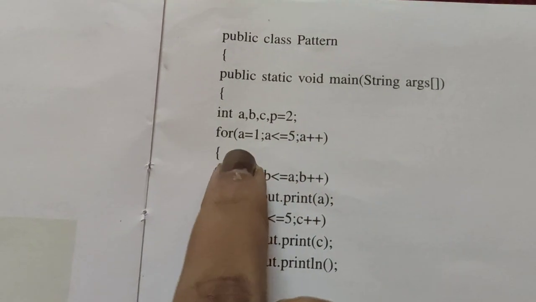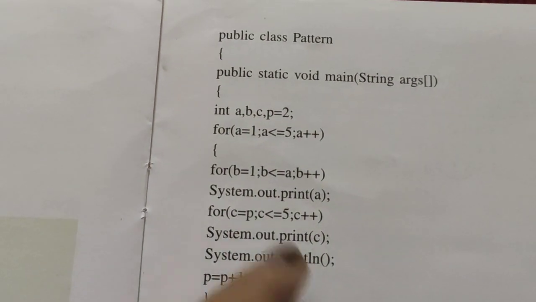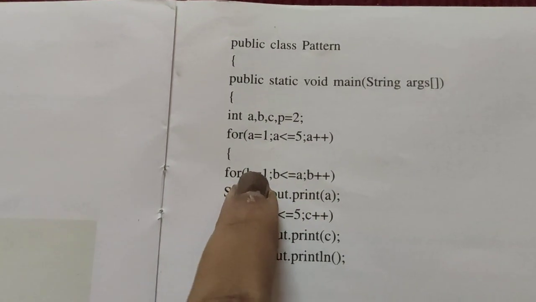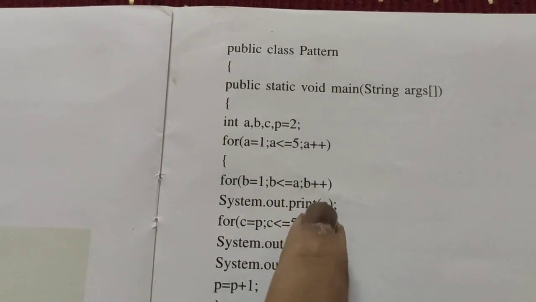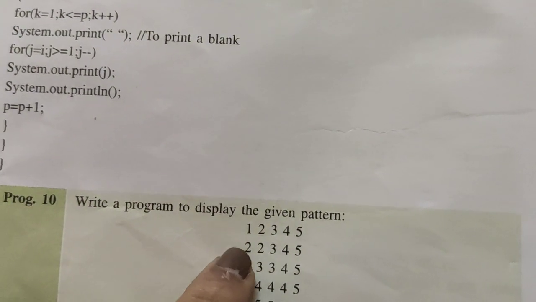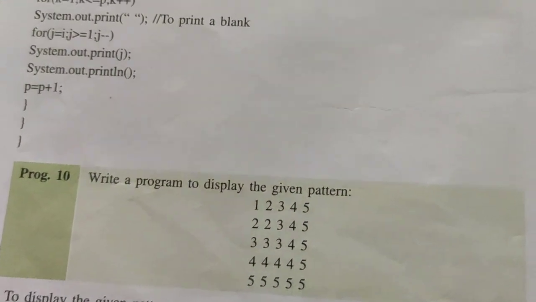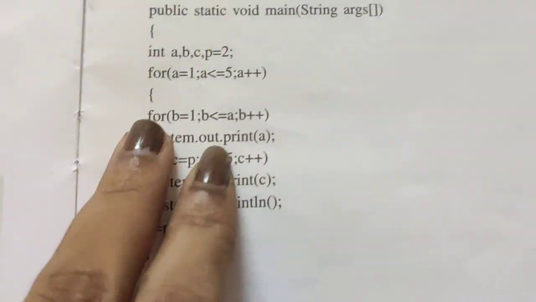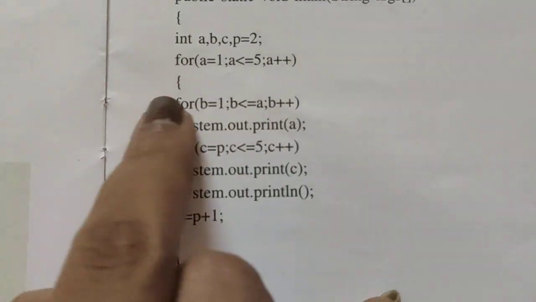Less than or equal to A means if A is 1, this B will be printed here that many times. Just see here, 1 is printed 1 time, 2 is printed 2 times, 3 is printed 3 times, 4 is printed 4 times. For doing that process only they have given it like this here.